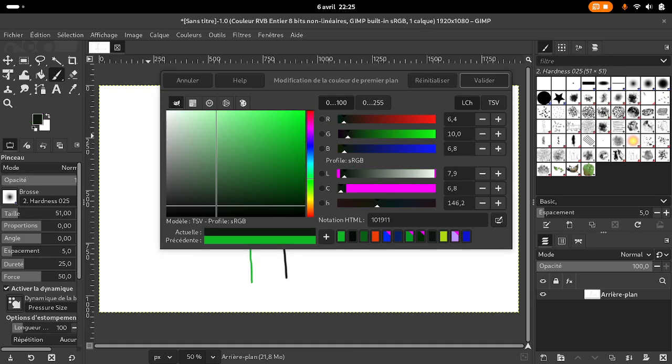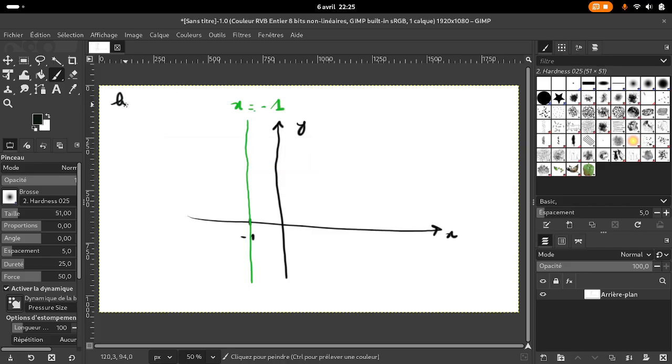Here we have the left part and the right part, and the center is here. Okay. We have our first graph here and the second graph here.